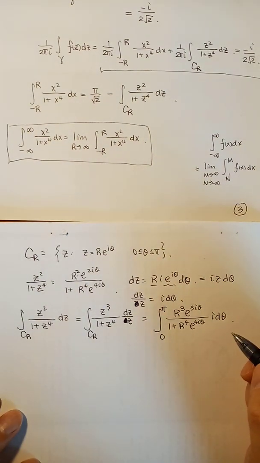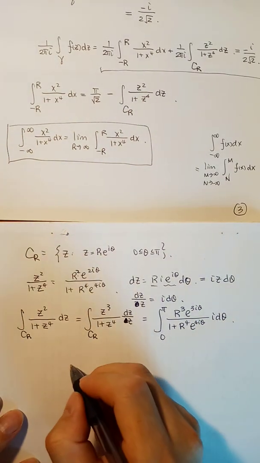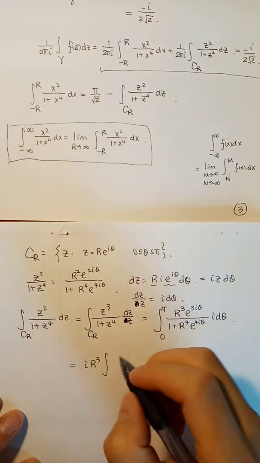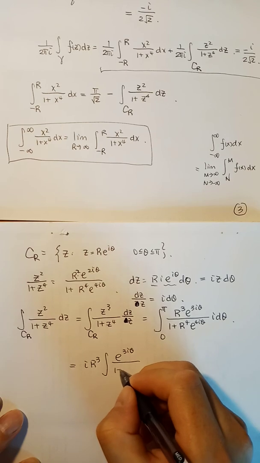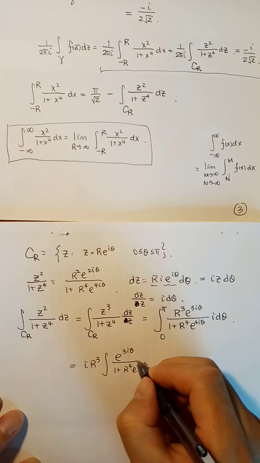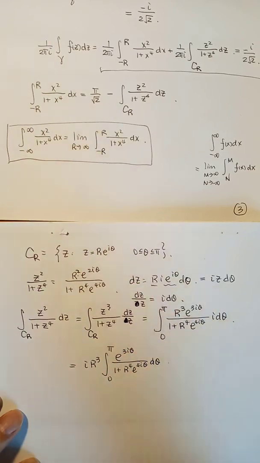So R cubed and i are constant, so it's i R cubed times the integral from 0 to pi of e^{3i theta} over 1 plus R to the 4 e^{4i theta} d theta.